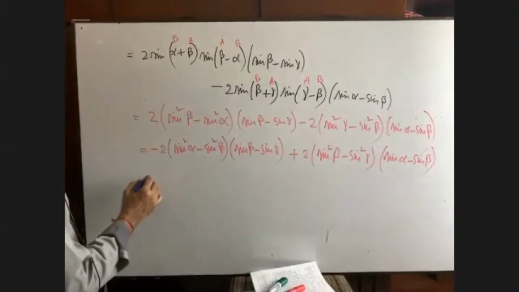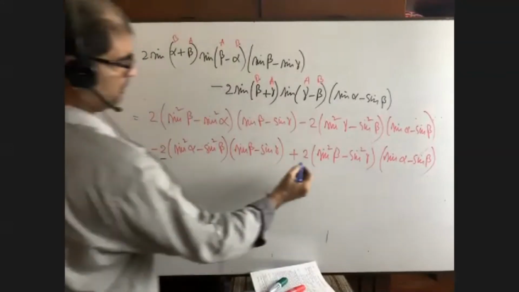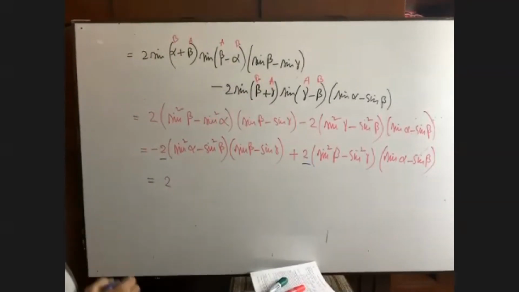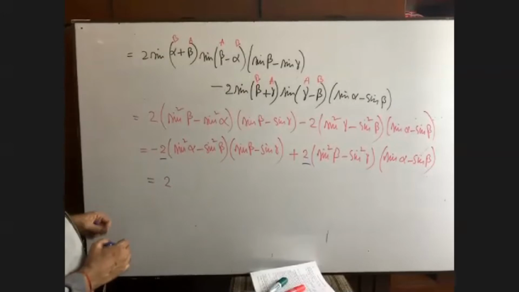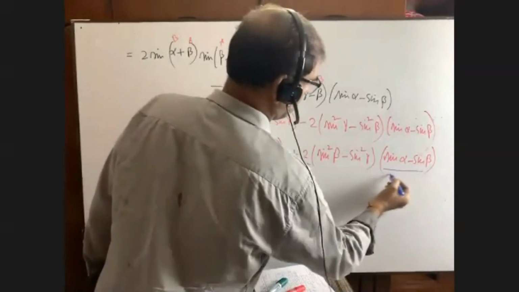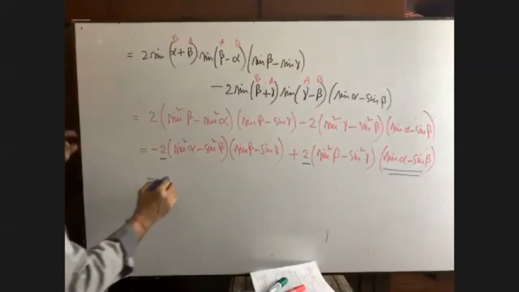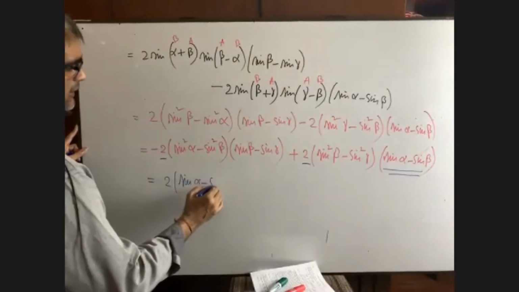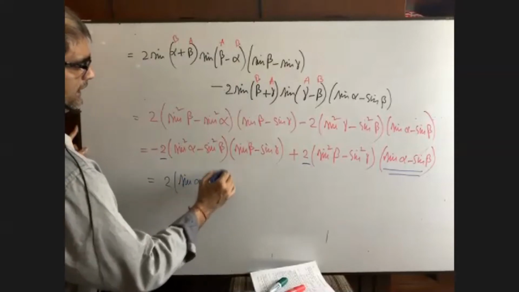Okay. These two can be taken common from all, right? So this is 2. Now you see, this is sin alpha minus sin beta, so 2 sin alpha minus sin beta has been taken common.